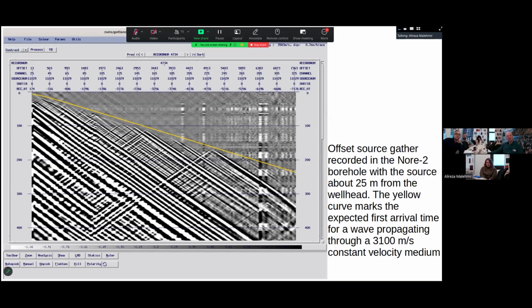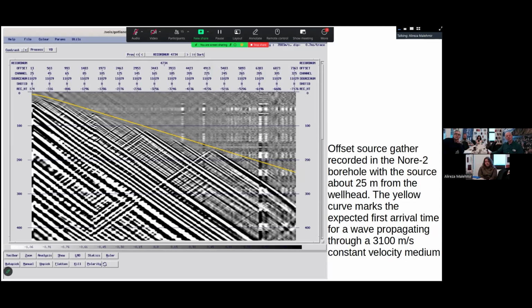Using these points where the tube waves are generated, we calculate a velocity of about 3,100 meters per second. And this 3,100 meters per second is considerably lower than our normal move-out velocity that we used for stacking, which is about 3,500 meters per second.